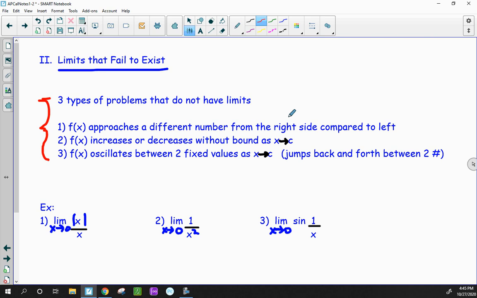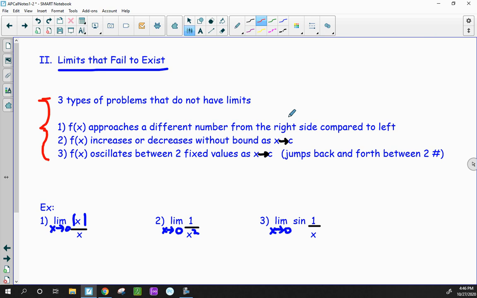So like if it's stretching, getting closer to an asymptote. As x approaches c, it's going up and down, and it's not really going to stop. Then there's not going to be a limit, a height of the curve. And then the third way that a limit can fail to exist is if it oscillates between two fixed values as x approaches c.